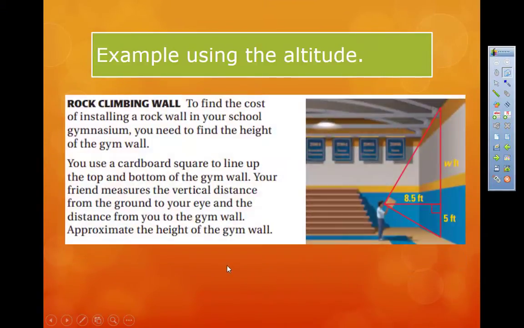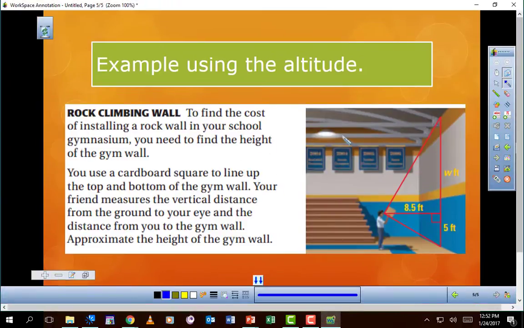Okay, see, so notice what happens. What we want to do is set up a proportion. So I'm going to set up a proportion like I normally do. Right here, right here. Now, this one and this one, that's the altitude. Where's the altitude on this triangle drawn? Hopefully you got it figured out. It's the 8.5.